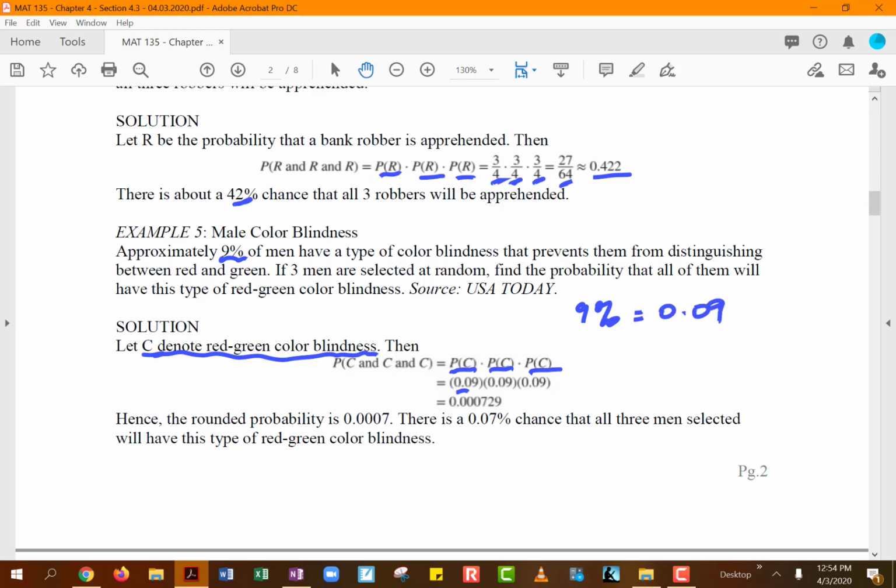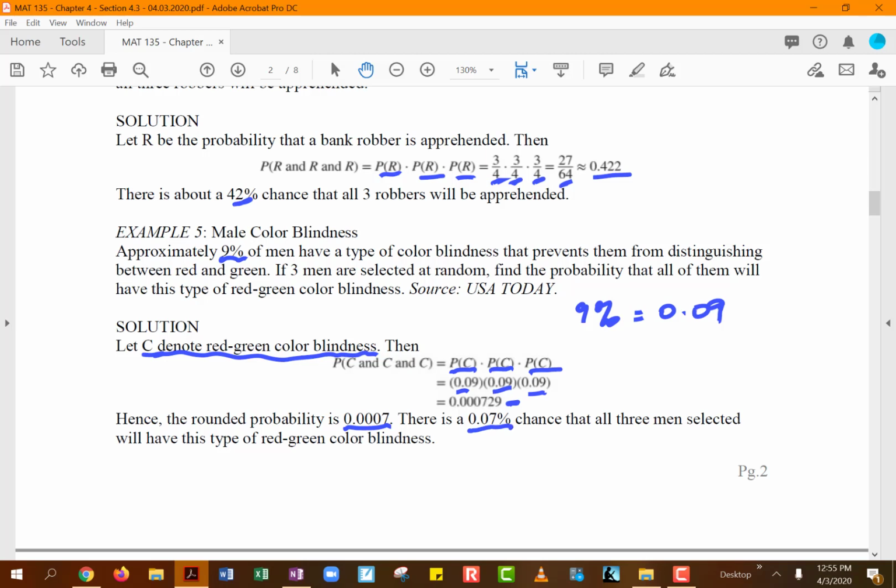So that's your 0.09 being multiplied 3 times, which will of course end up becoming 0.000729. And then remember, for your rounding rules, for decimals, for probability, you always round to the first non-zero number after the decimal point. So that's why we're rounding it to 0.0007.